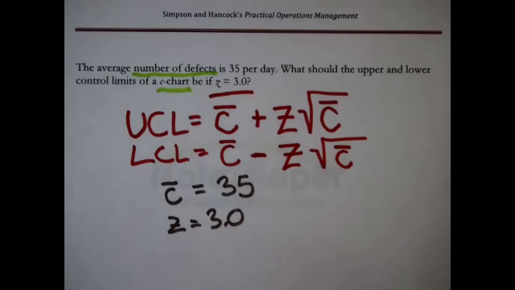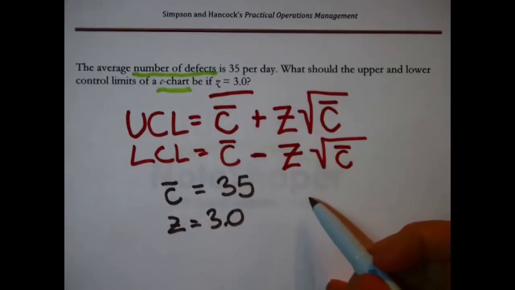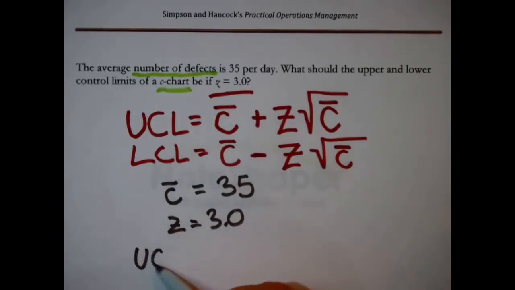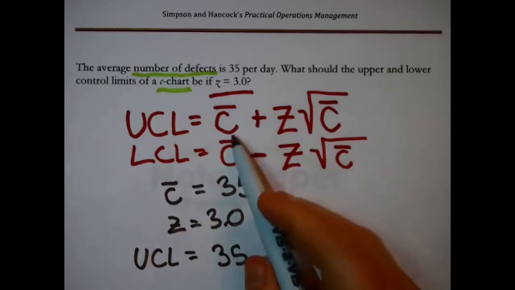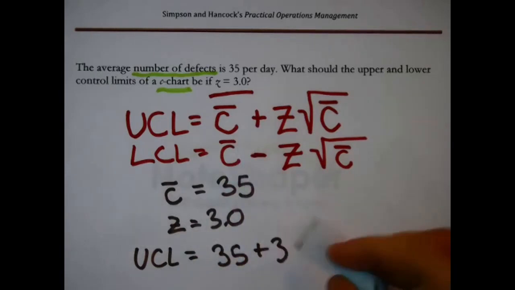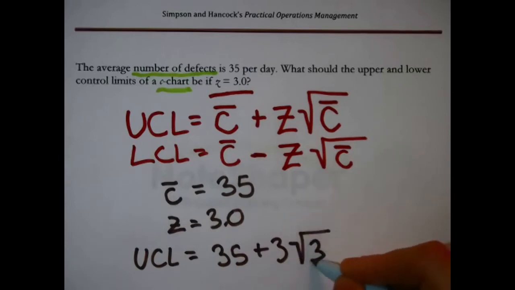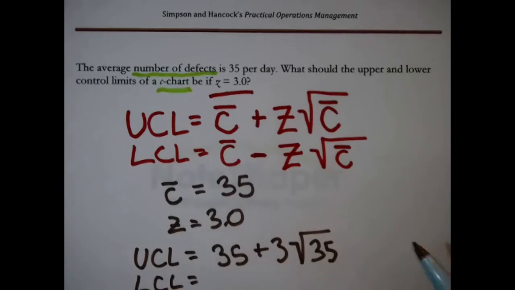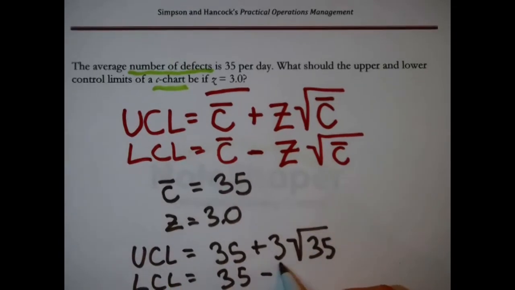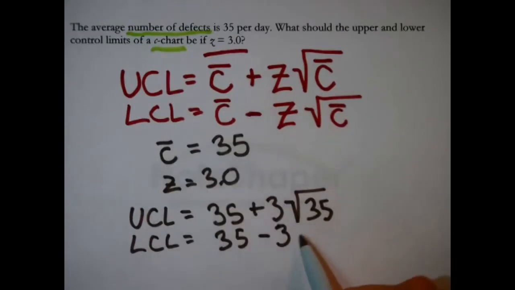So if day by day in the future you're counting defects, the upper control limit on your chart should be 35 plus 3 times the square root of 35. The lower control limit should be 35 minus 3 times the square root of 35.